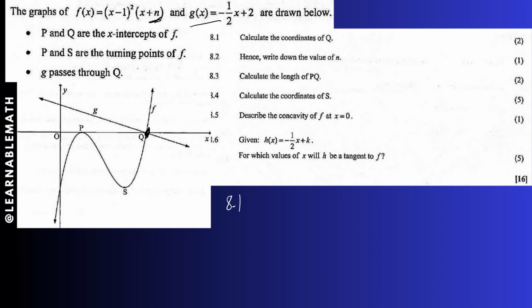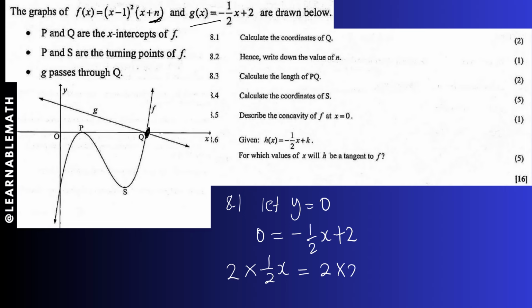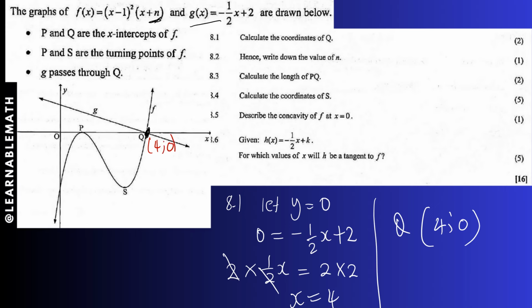By letting y equal 0, we have 0 = -1/2 x + 2, and we can take -1/2 x to the other side. It will be positive 1/2 x = 2. To solve for x, multiply both sides by 2. Then finally x will be equal to 4. Then the coordinates of Q will be (4; 0), as you can see there.